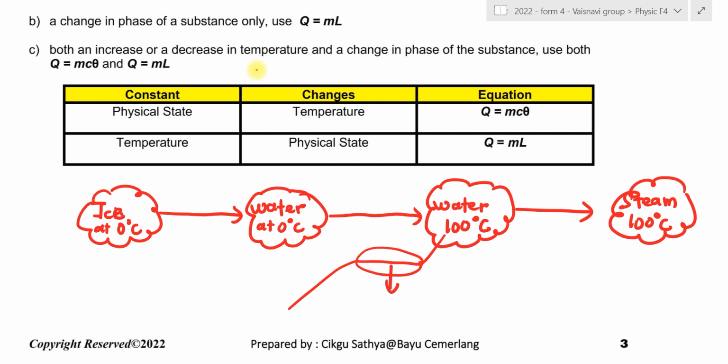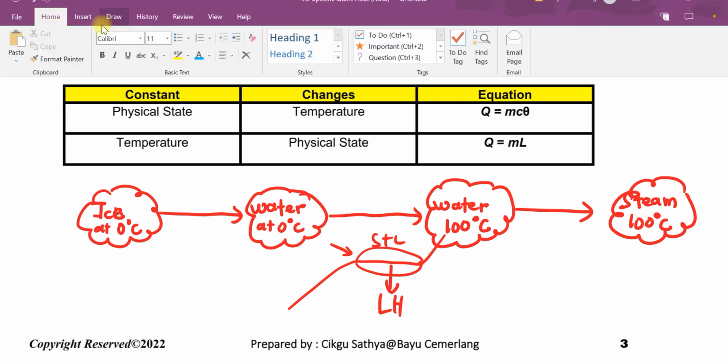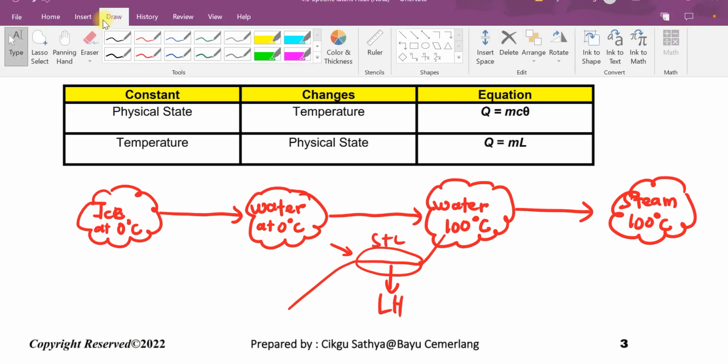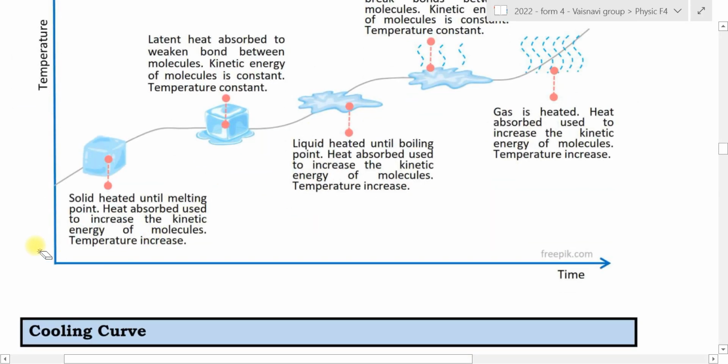Sebab di situ itulah yang kita cakap latent heat. Temperature does not change, tetapi di sini solid plus liquid kan? The phase already change. Jadi dari segi chemistry kita akan cakap ikut chemistry lah. Kalau fizik kita cakap berdasarkan latent heat. Kita akan belajar benda yang sama je.